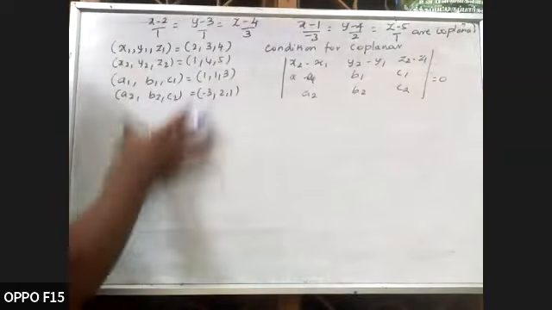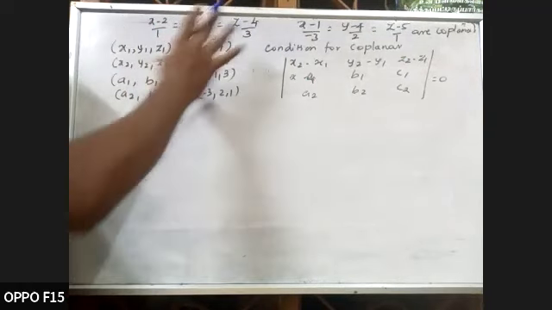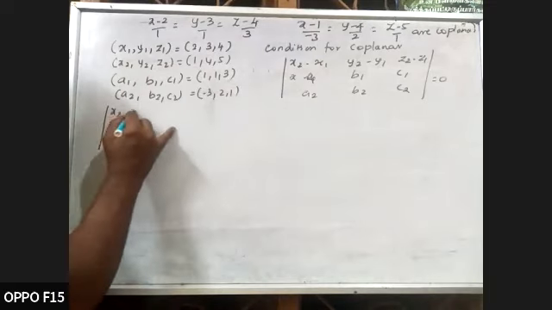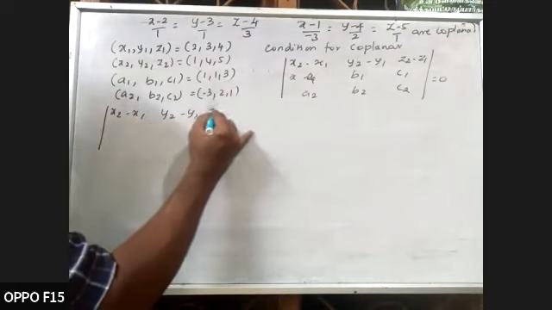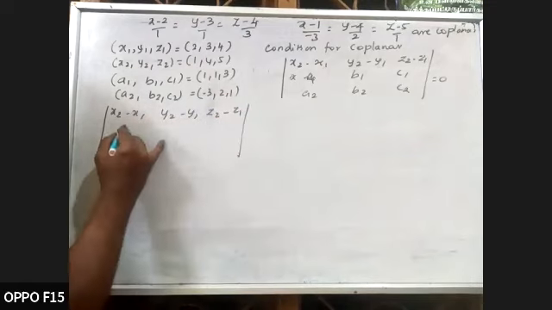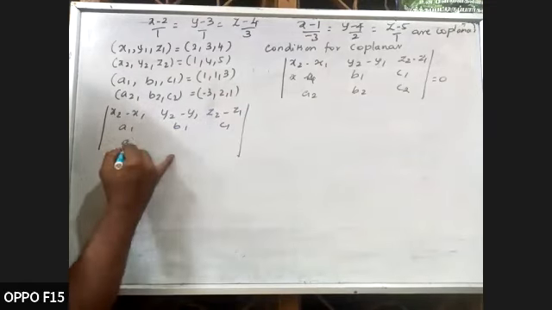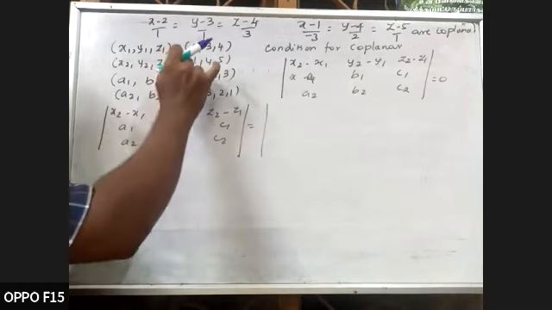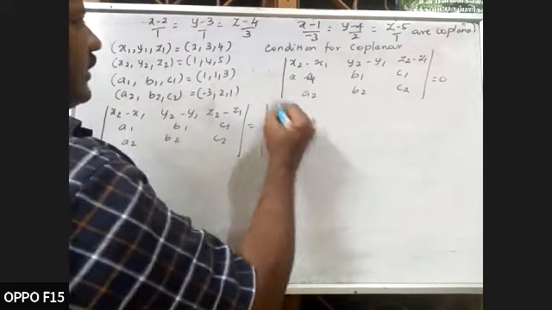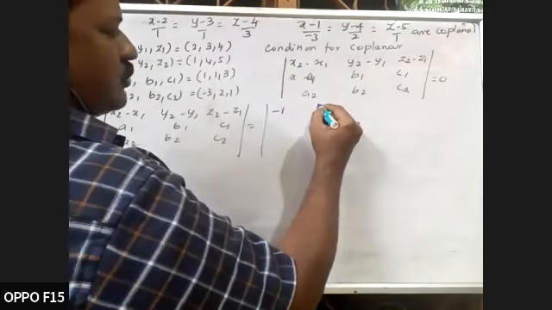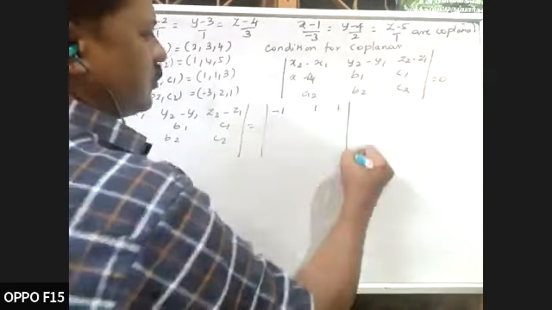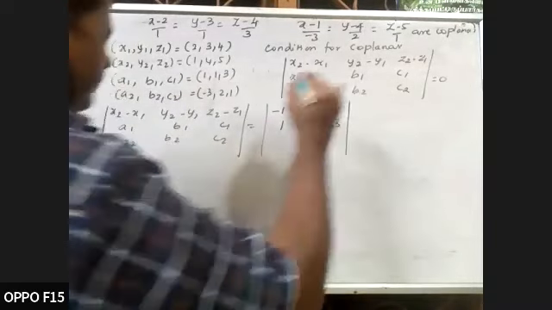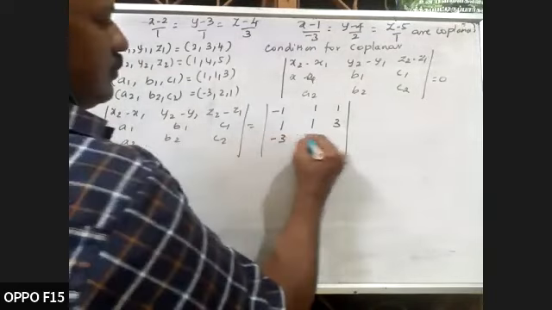I have taken all the data from the given two lines. x2 minus x1 is 1 minus 2, which is minus 1; 4 minus 3 is 1; 5 minus 4 is 1. Next row 1, 1, 3. Next row minus 3, 2, 1.